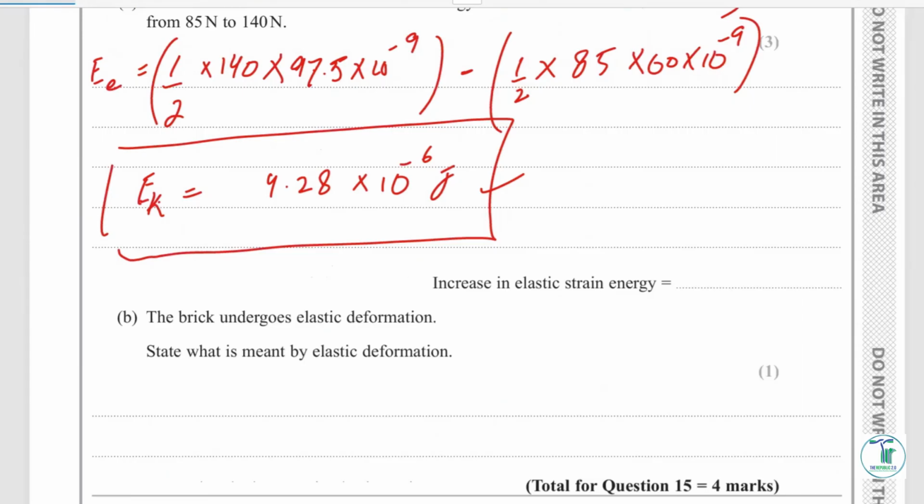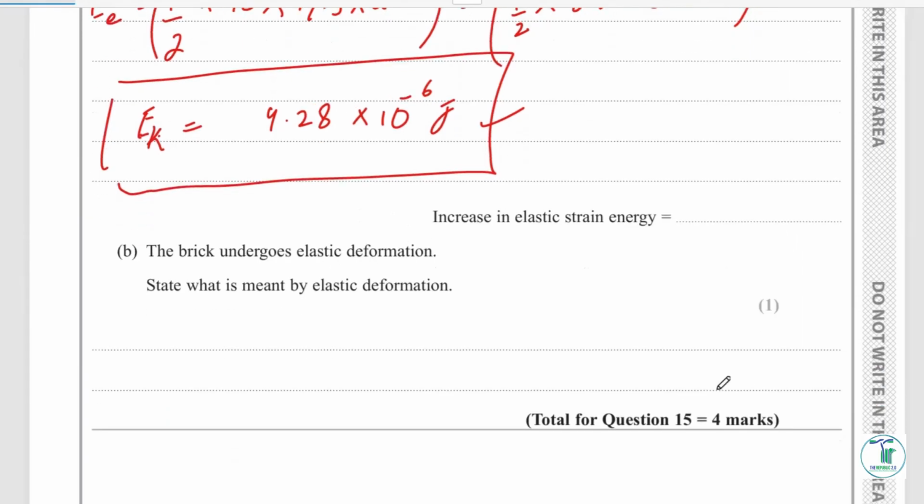The last question of this part, the bricks undergo the elastic deformation. What is meant by the elastic deformation?